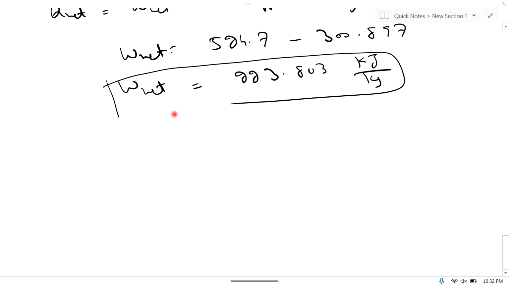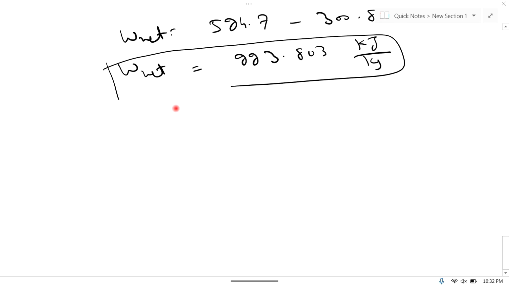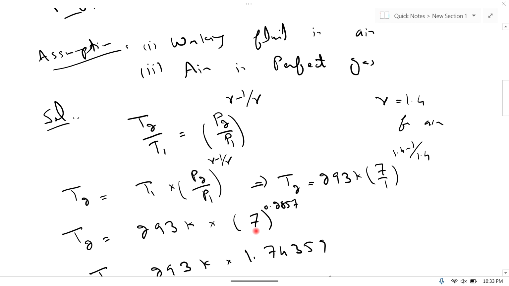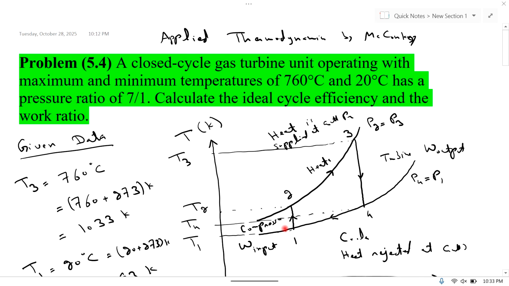For the work ratio formula, the term gross work output is used. Gross work output is basically the work of expansion, or work of the turbine, which is equal to Cp times the change from 3 to 4.